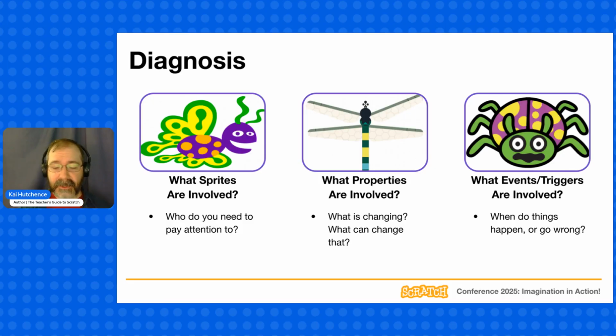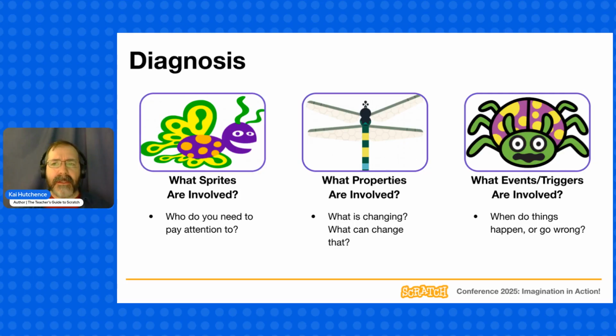So it could be the costume that the sprite is using. It could be the X position. It could be the direction, whatever it is. There's lots of different properties. And so we can think about what property is changing or not changing in order to try and, again, narrow down what we're thinking about.